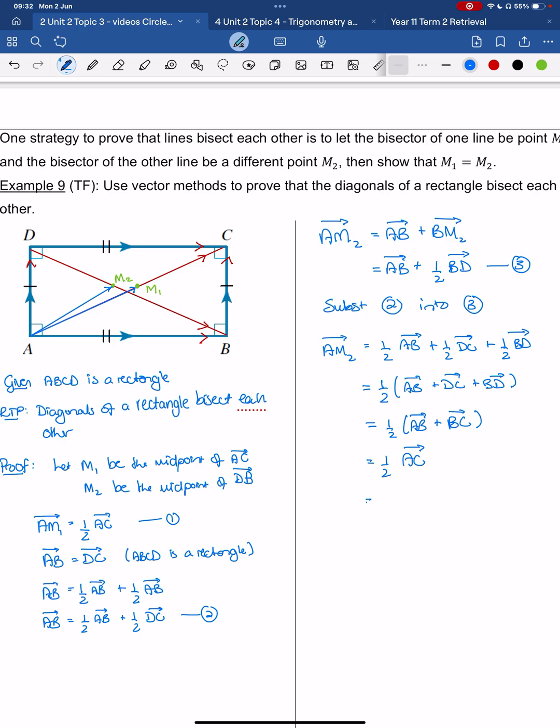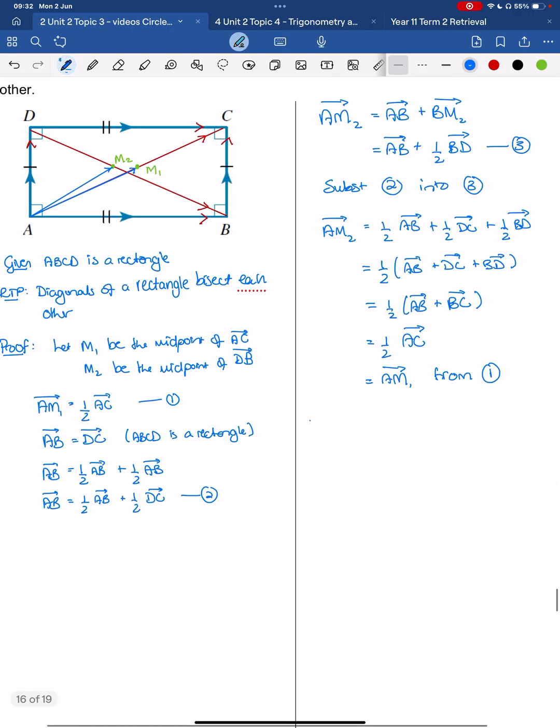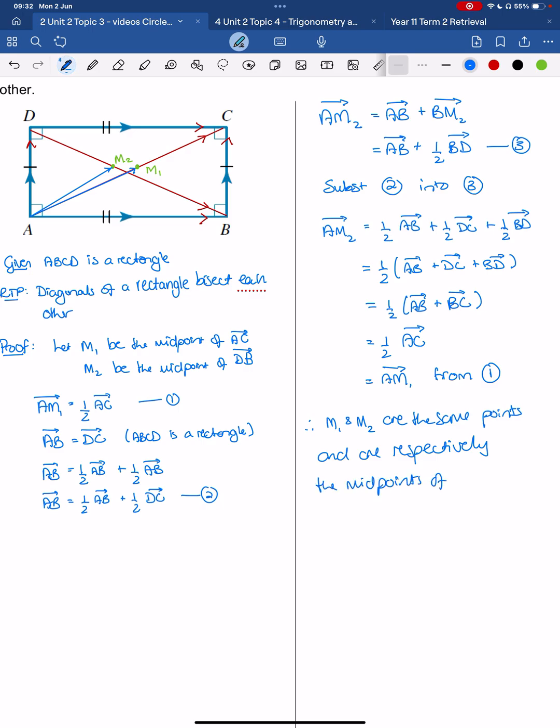And that is equal to AM1 from equation 1. Okay, so I've shown those are the same point. I can say therefore M1 and M2 are the same points and are respectively the midpoints of AC and BD.